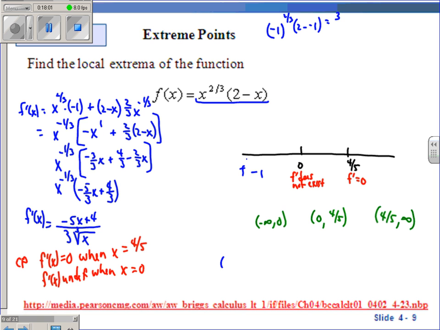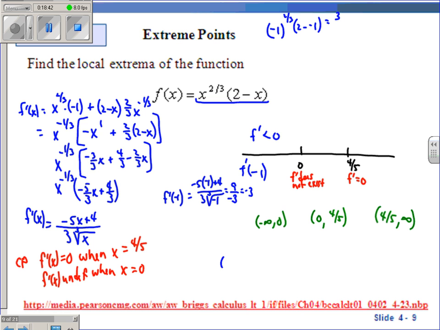F prime of -1: I'm going to get -5x plus 4 over 3 times the cubed root of -1. So I'm going to have 9 on top over -3 on bottom, so -3. So that'll be my derivative. F prime then is negative. Again, you don't have to look at the exact number, just get the derivative sign, whether it's positive or negative.